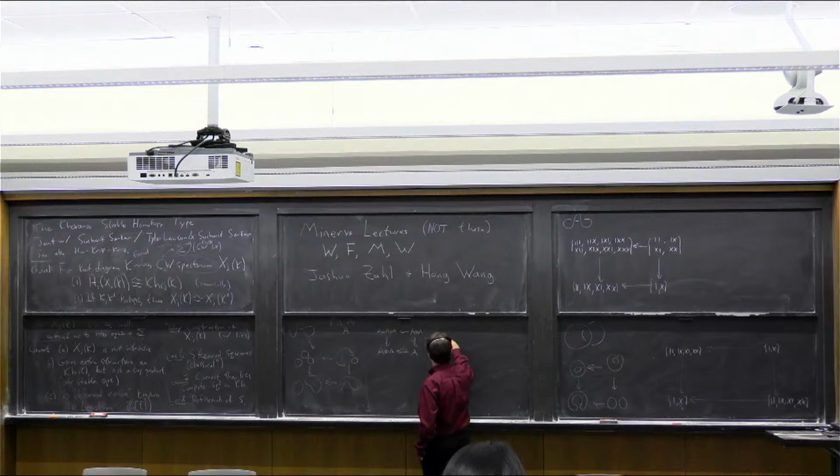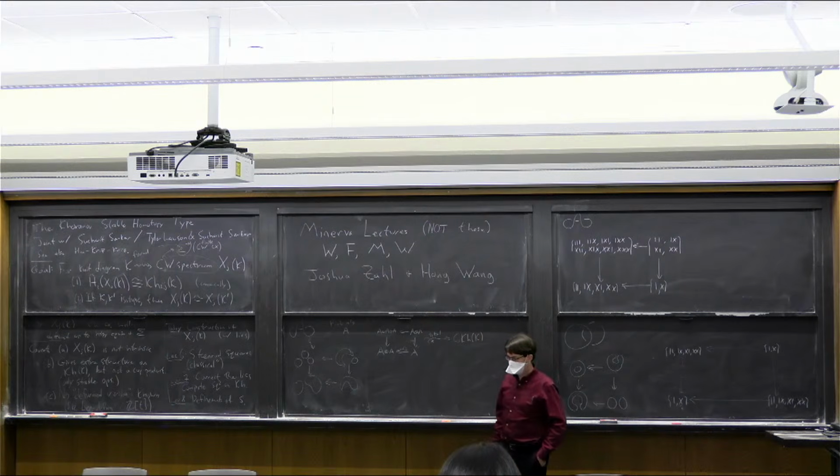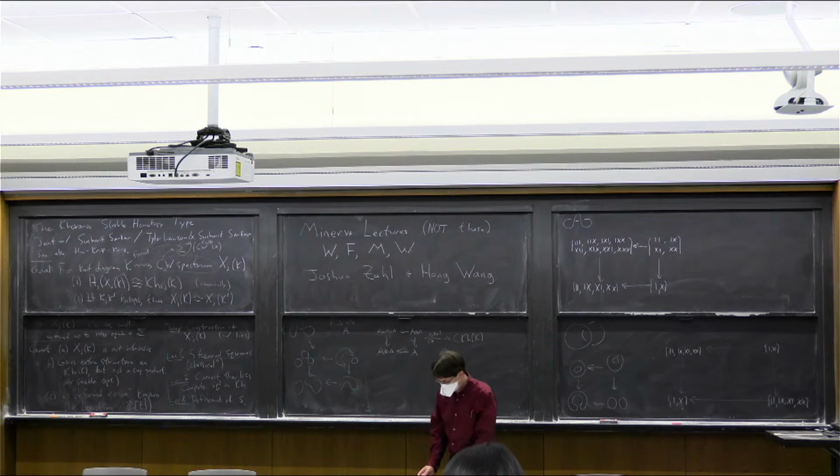And then we took the total complex, and the total complex of this, after some grading shift, was the Khovanov complex of K.